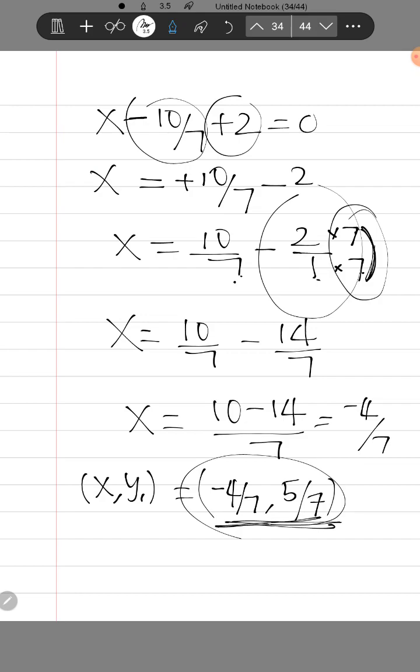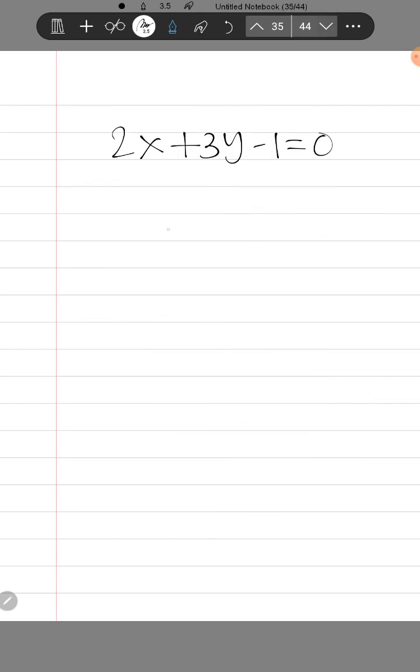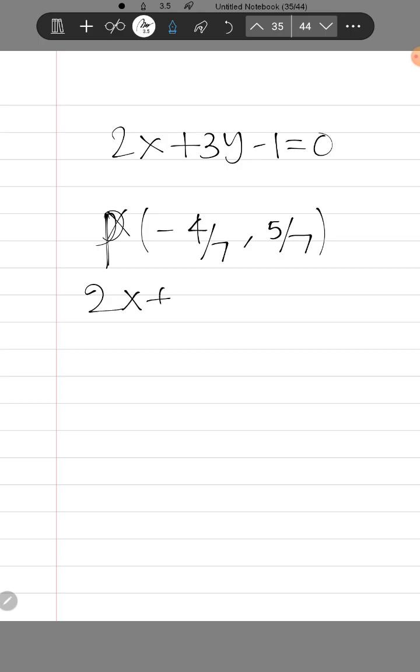The point is minus 4 over 7, 5 over 7, which is the point on both graphs actually. But we are only checking on one graph, and I leave the other one for you.